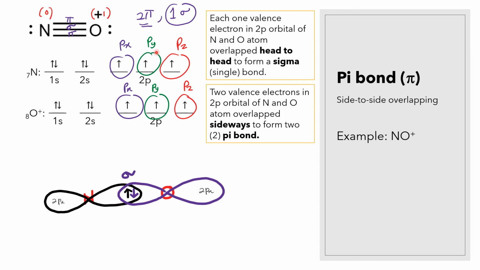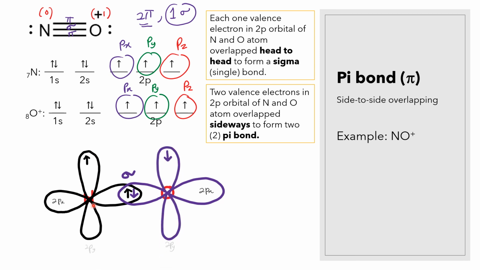And then the next overlapping is between 2py of nitrogen and 2py of oxygen plus. So these are the 2py orbitals of nitrogen and oxygen.